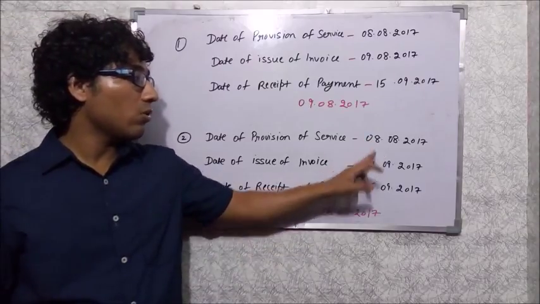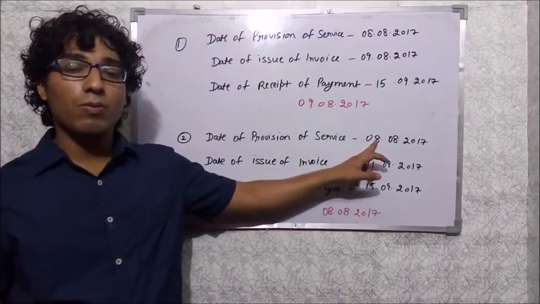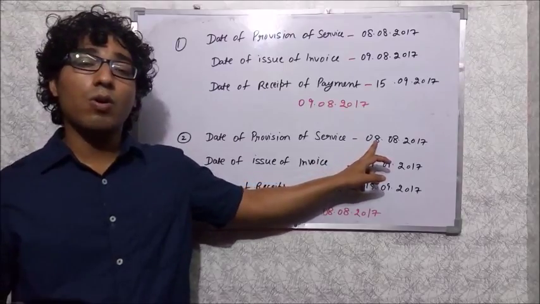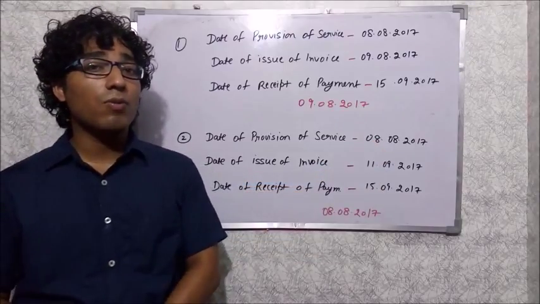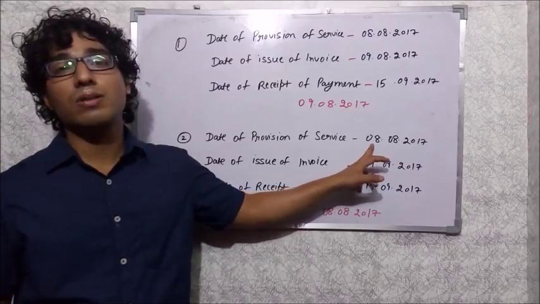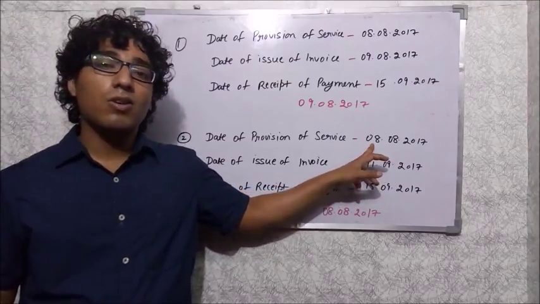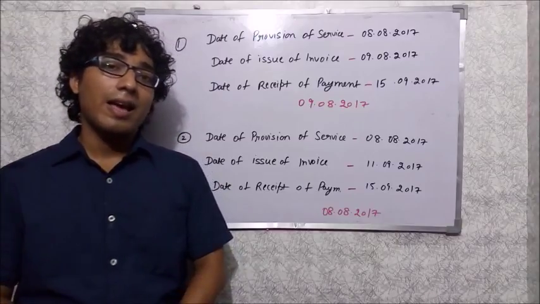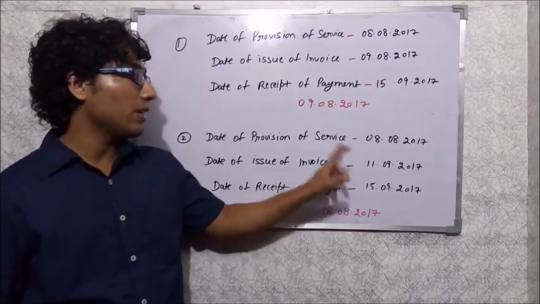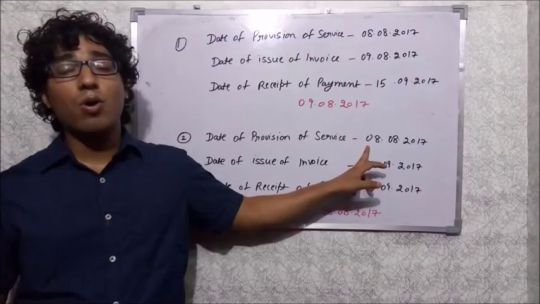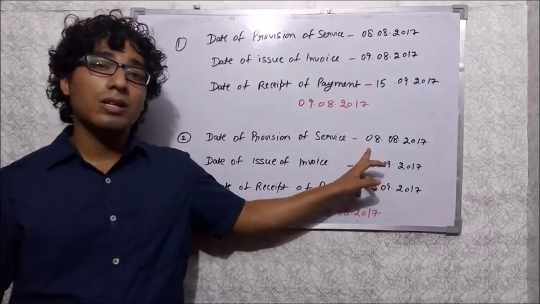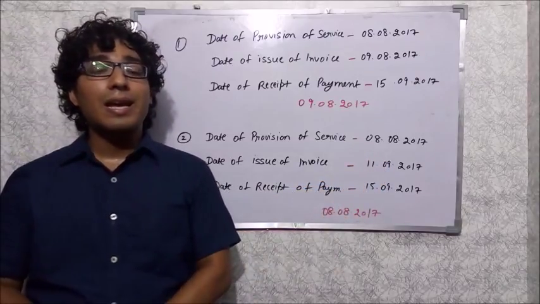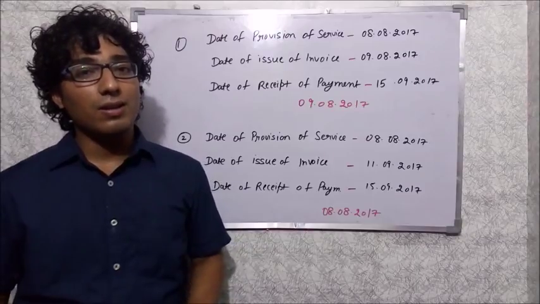The date of provision of service is 8th August 2017 and the date of receipt of payment is 15th September 2017, and the earlier event is the date of provision of service, which is 8th August 2017. So the time of supply of service will be 8th August 2017.